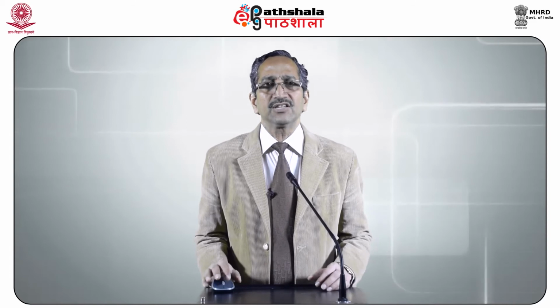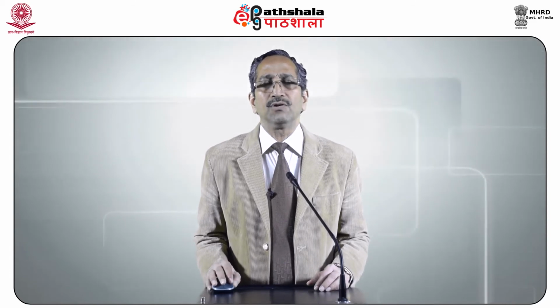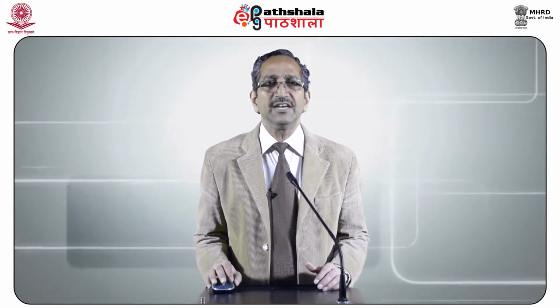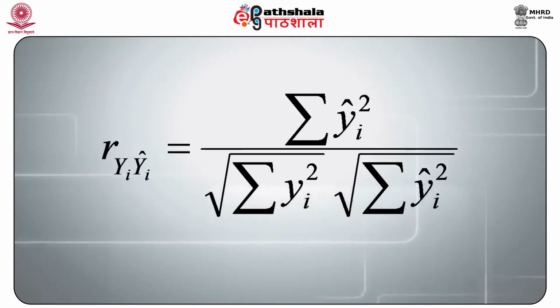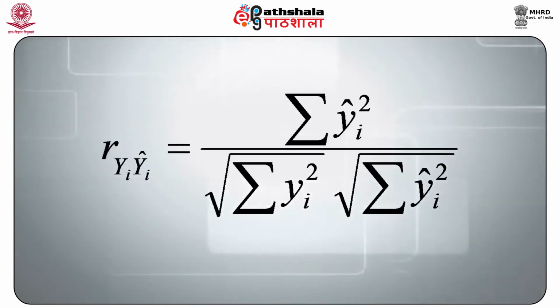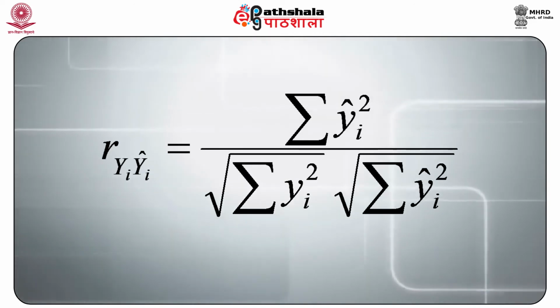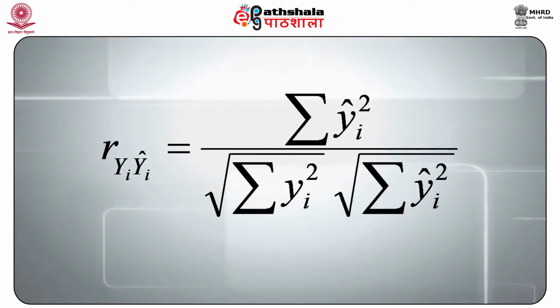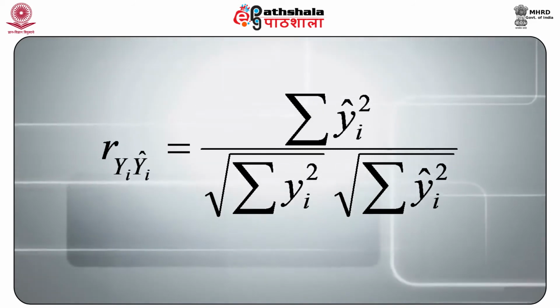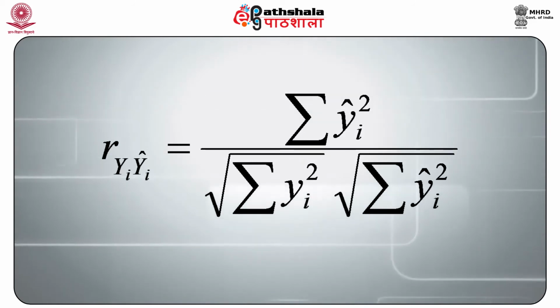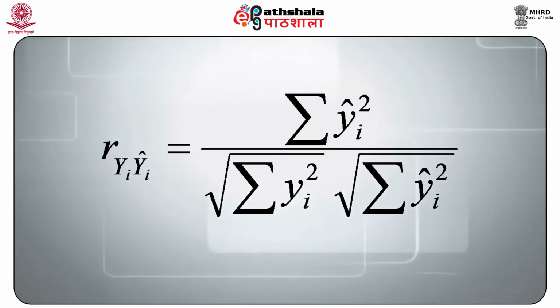Now similarly, substituting the value above in our formula of the coefficient of correlation, we can redefine that coefficient. Now r between y and yi hat is equal to summation yi hat square divided by under root of summation small yi square into under root of summation small yi hat square.